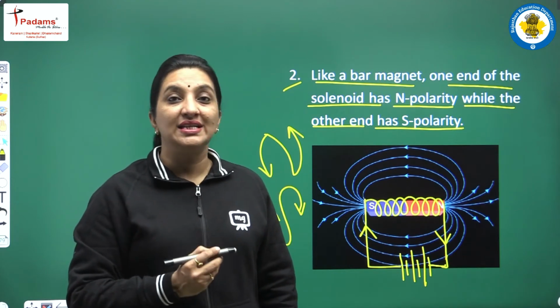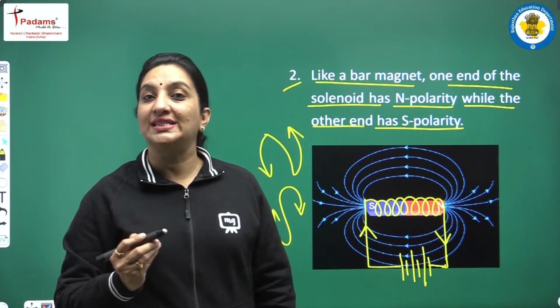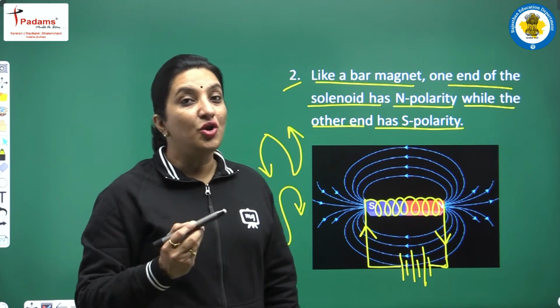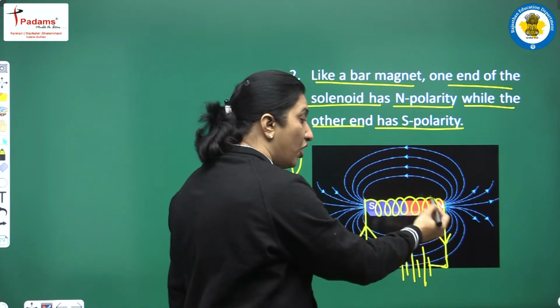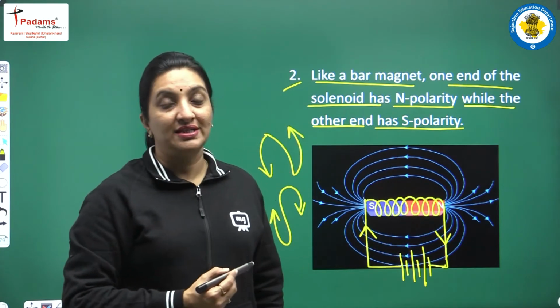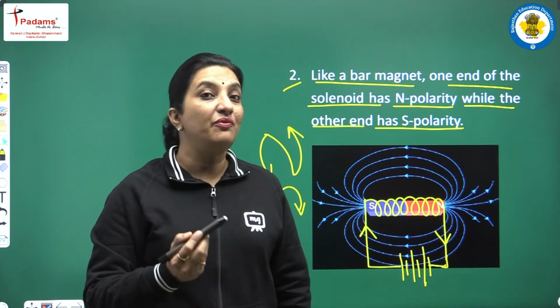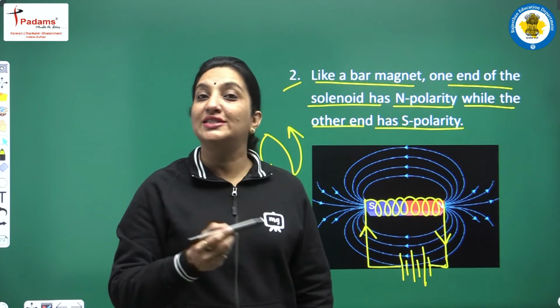We know that like poles repel and unlike poles attract. So students, if we are going to bring a north pole of a bar magnet towards the north pole of the solenoid, then if repulsion occurs, then we must understand that the end of the solenoid is north.